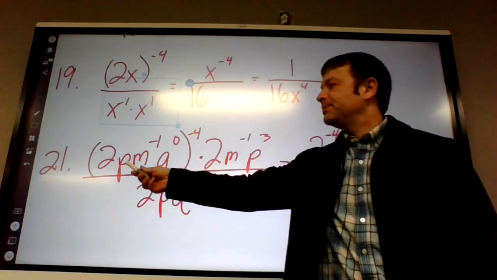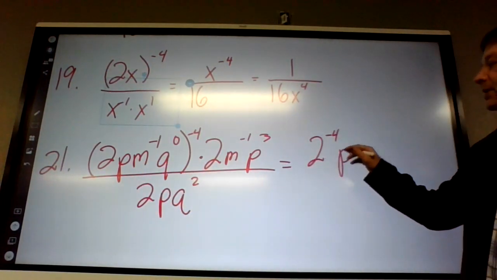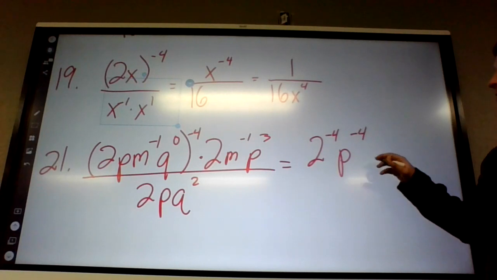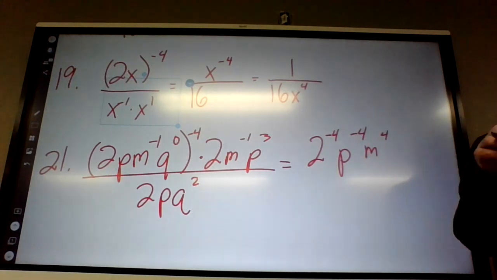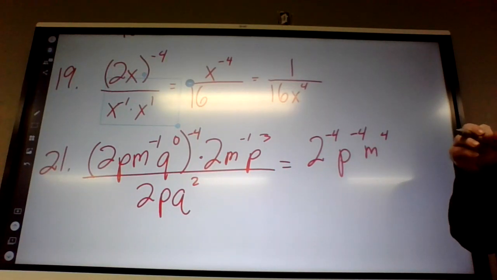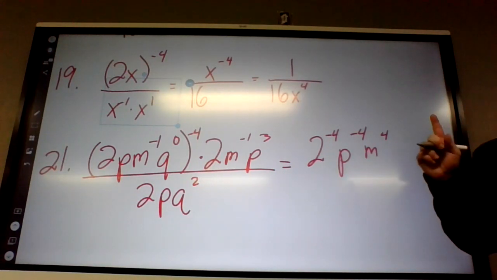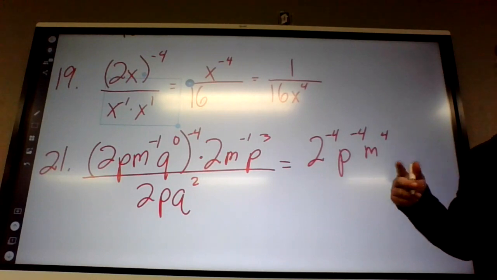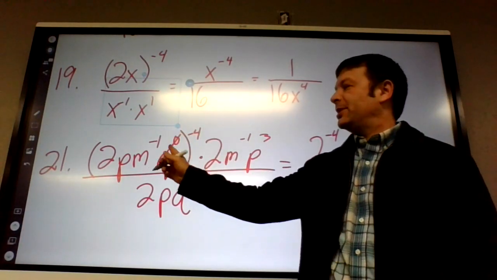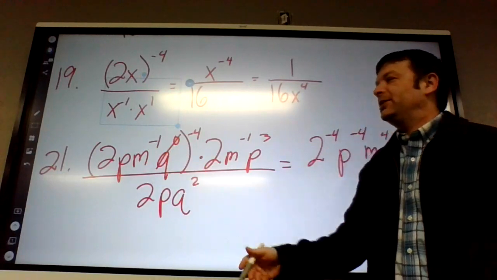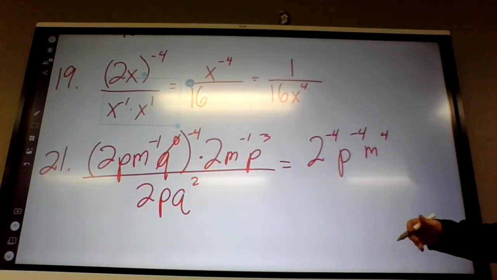P to the what? Negative 4th. M to the what? And then Q to the 0 times negative 4 is still 0. So Q to the 0 is 1, and 1 times all that is just all that. So the Q just kind of goes away, really.